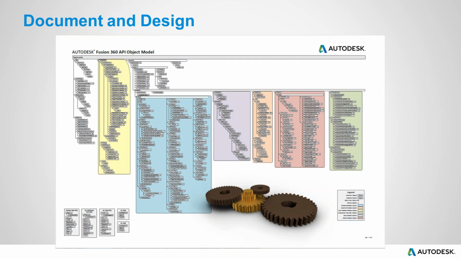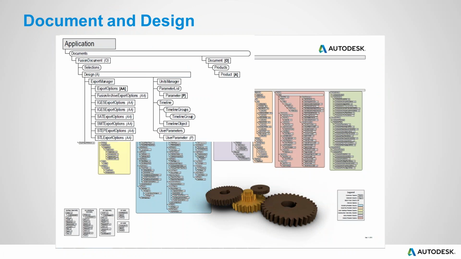All right, this next slide, and it looks like it's slow to come up too for some reason. I have it listed as document and design. There's this area of the object model where from the application there's a collection of documents.